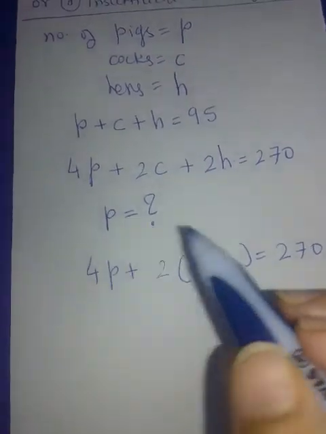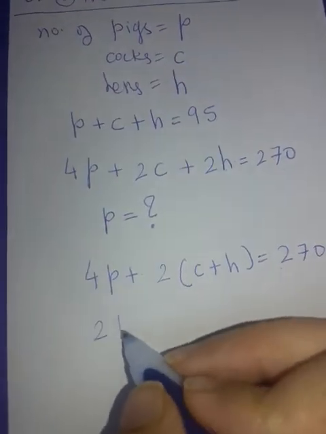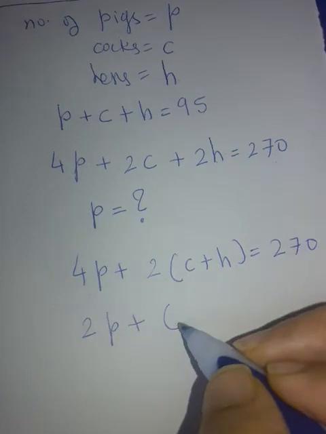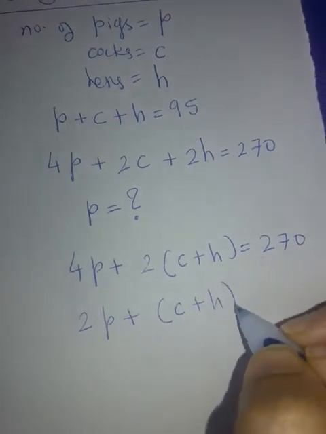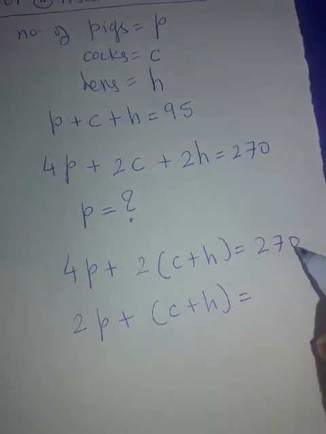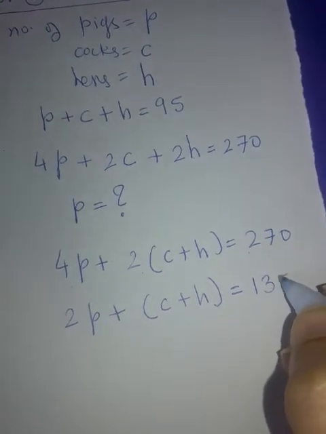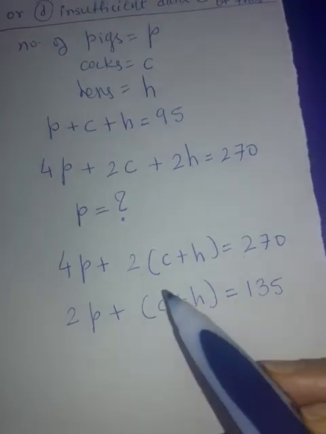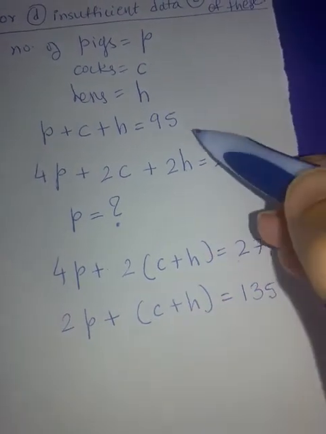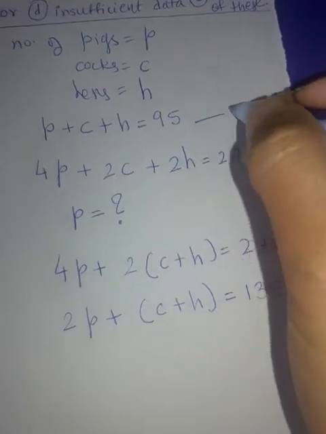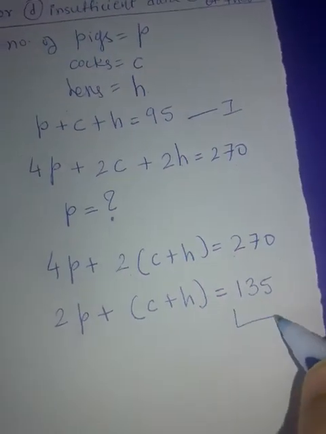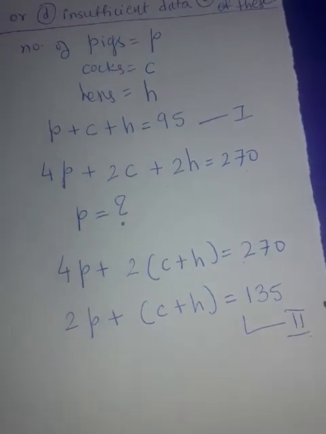So if I divide whole equation by 2, I get 2P plus C plus H is equal to, when I divide this by 2, I get 135. So I have this equation, say 1, and I have this equation, say 2.